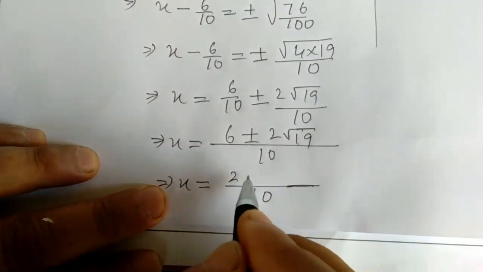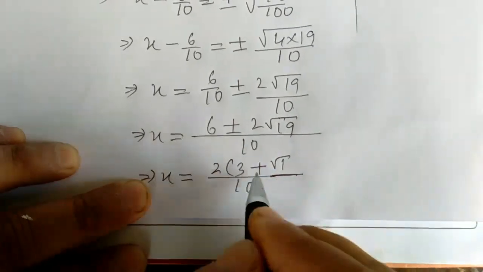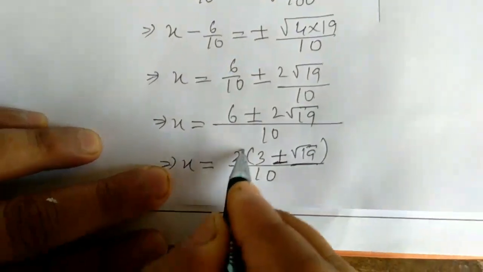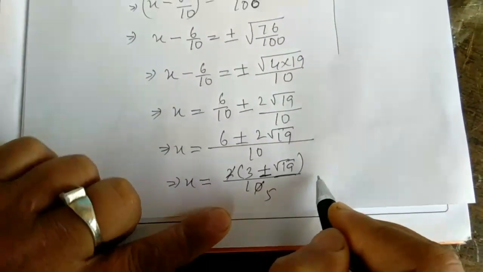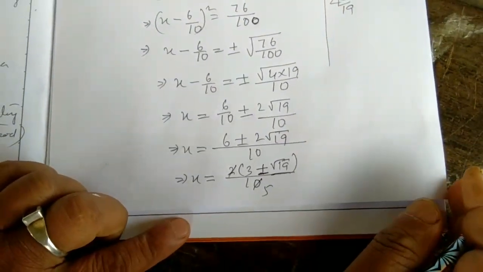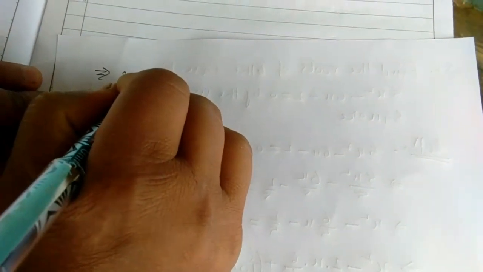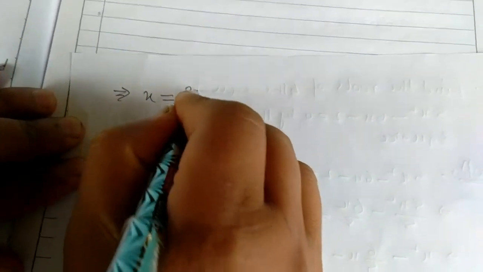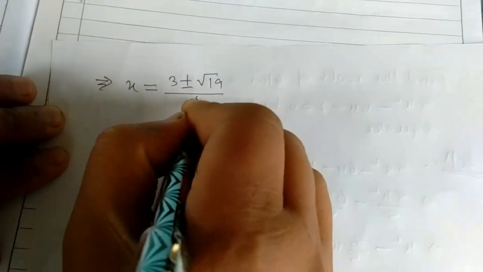We can take 2 common, so 3 will remain, plus minus root 19 will remain. 2 5s are 10. So I don't have enough space here. This implies x equal to 3 plus minus root 19 by 5.